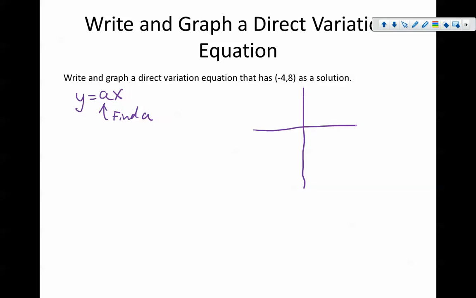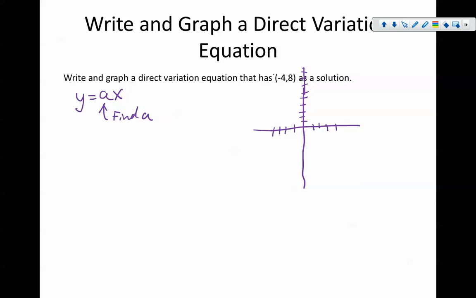Let's think about this equation for a second. If I were to graph it, what I know about direct variation is that it's only talking about slope, only talking about the rate of change. The y-intercept, the starting point, is always 0. So it told me that I had one point at -4, 8, and that's good.